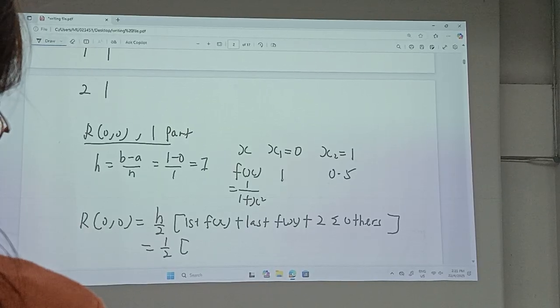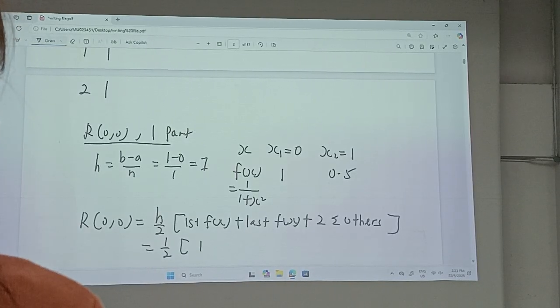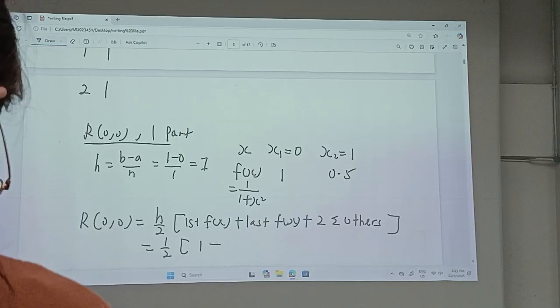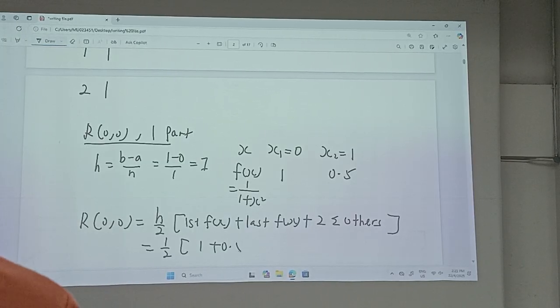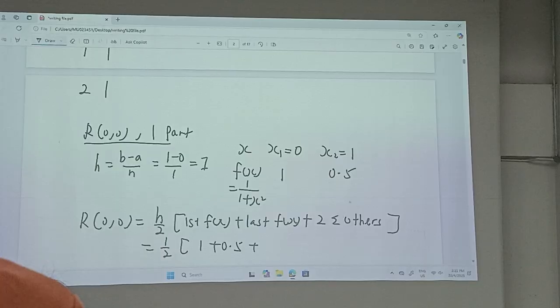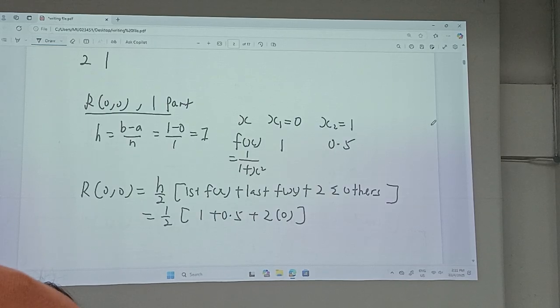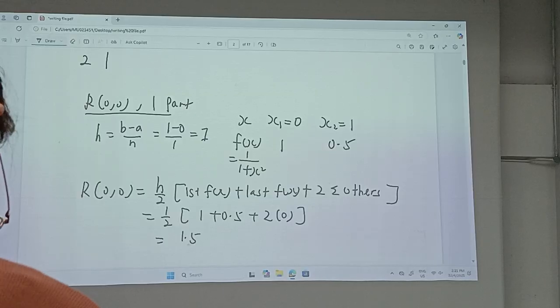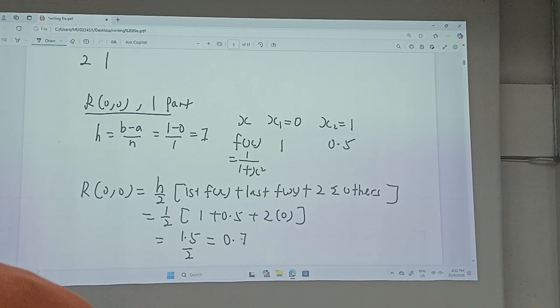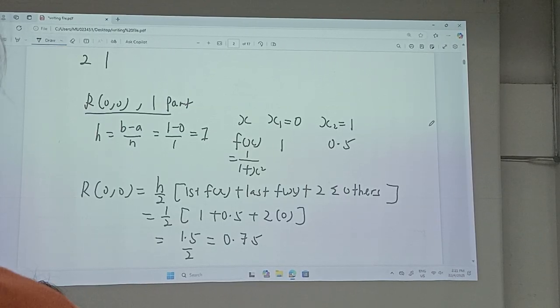First f(x) equal to 1 and the last one equal to 0.5. Is there any others? No, which means 2 times 0. So get 1.5 over 2, so get 0.75.